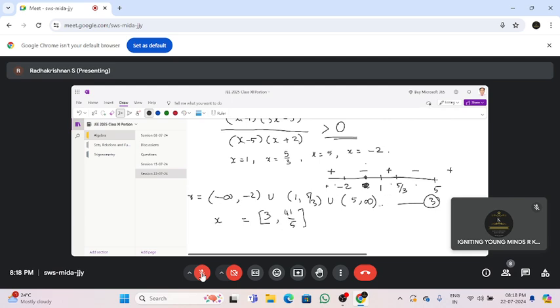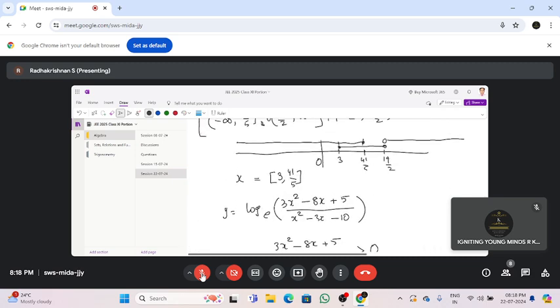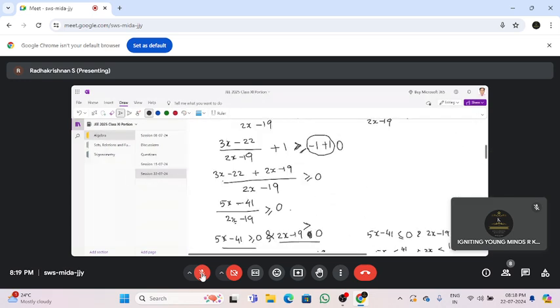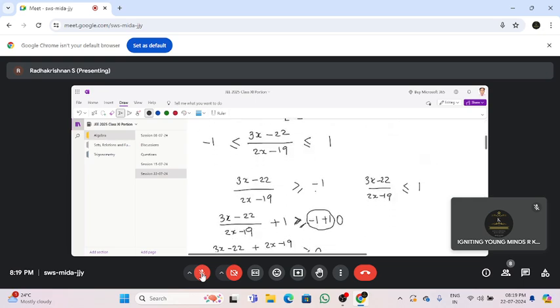Now for the domain, look at the question now. If the domain of the function sin inverse of this plus log of this, so the domain of both these expressions, x has to satisfy both, so again we have to take the intersection. What range of x will satisfy both these conditions? Only then this will be defined, right?